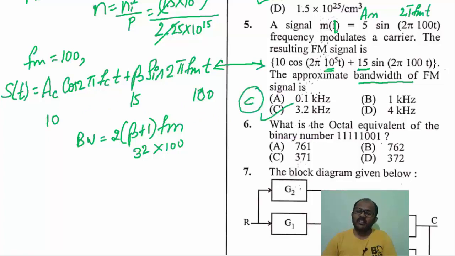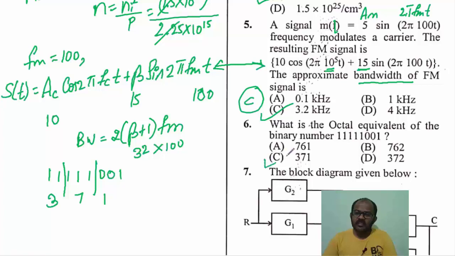Sixth question, what is the octal equivalent of the given binary number? If they are asking us to find the hexadecimal equivalent, then you have to group 4 digits. Since they have asked for octal equivalent, you need to group 3 digits.